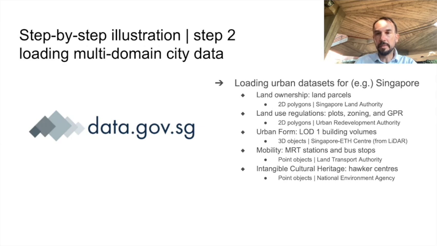Data that is available publicly in Singapore includes, for instance, land ownership and land parcels, land use regulations, plots, zones, and gross plot ratio, urban form in the form of so-called level of detail 1 building volumes, mobility data in the form of mass rapid transit stations and bus stops, but also intangible cultural heritage, such as hawker centers.